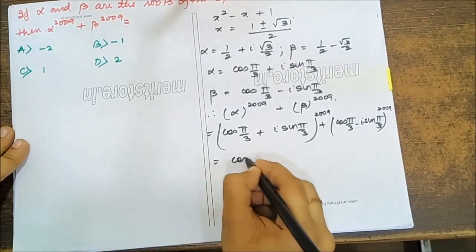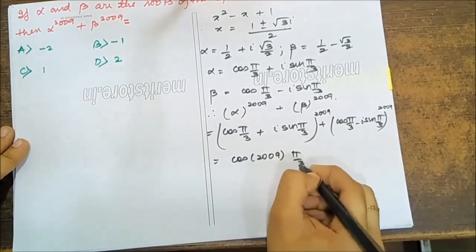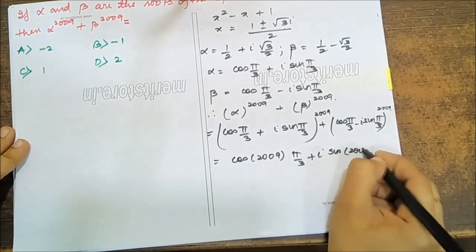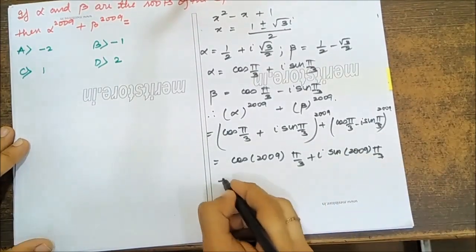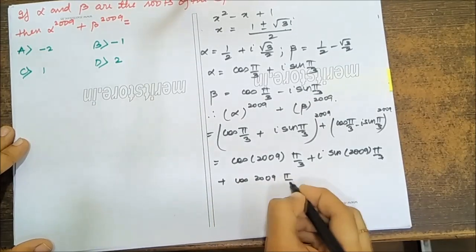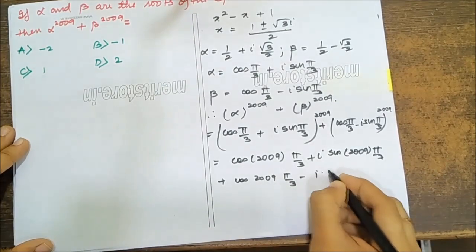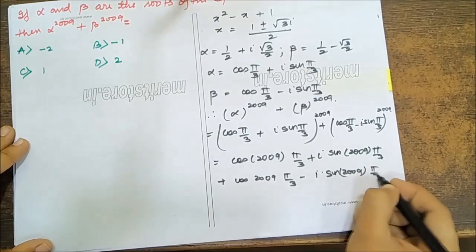So cos 2009 pi by 3 plus i sin 2009 pi by 3 plus cos 2009 pi by 3 minus i sin 2009 pi by 3.